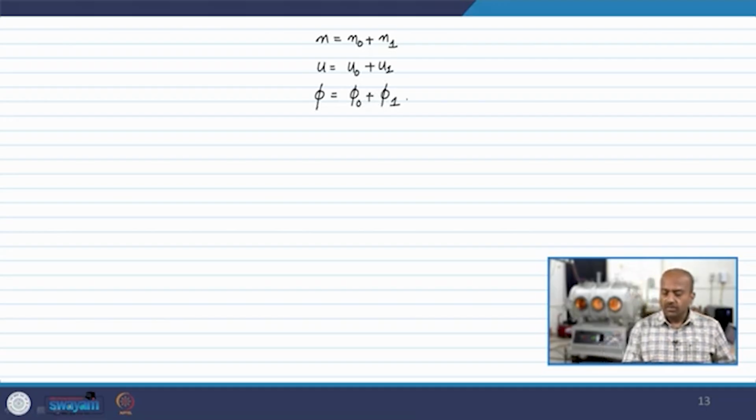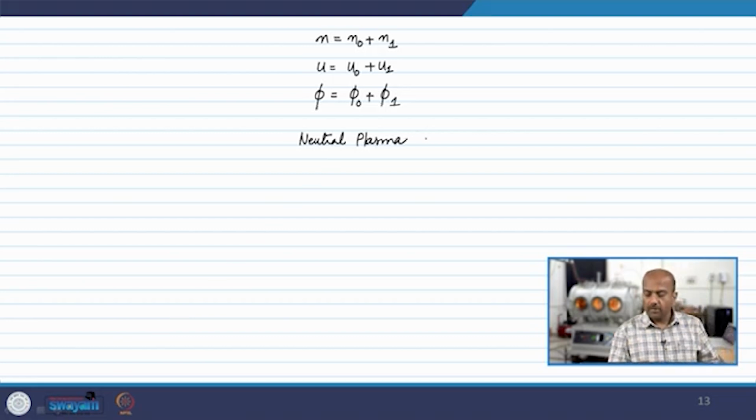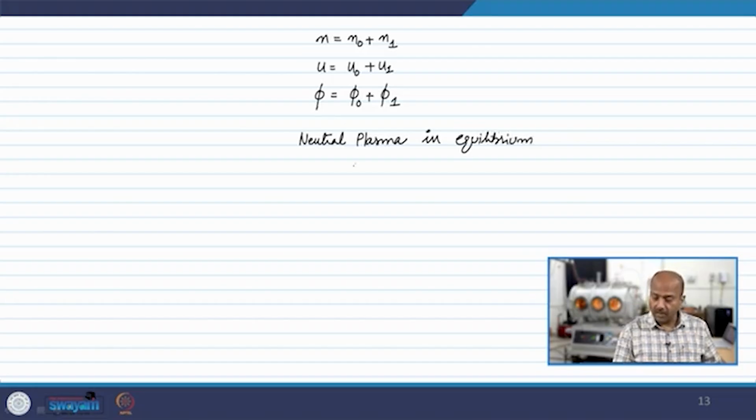Now, we will consider neutral plasma, which is in equilibrium, which imposes the fact that U is equal to 0 to begin with, and phi is equal to 0 to begin with, the initial values basically, and delta N0 is 0.